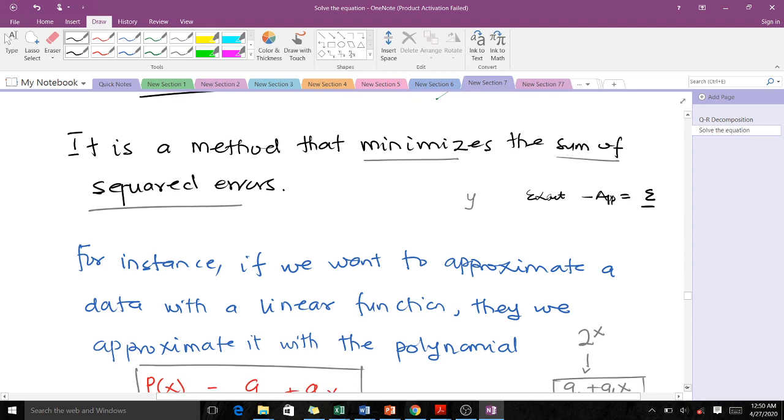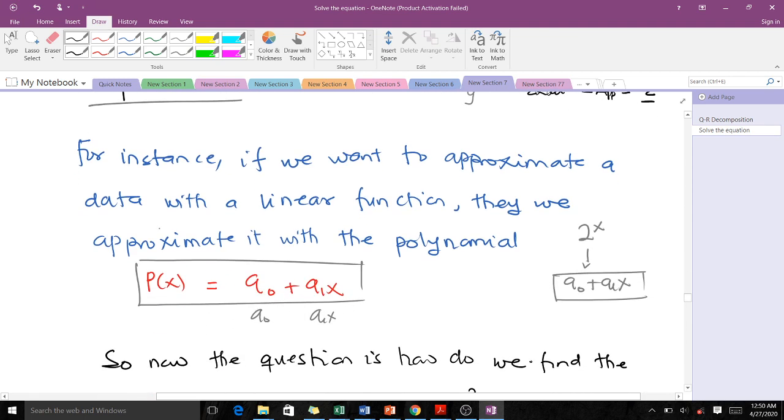Right, so for instance, if you want to approximate data with a linear function, then we approximate it with this particular polynomial here. So we can have an exponential function as we can see here, and you want to approximate that exponential function with a linear function here. Realize that this is a linear function, that's a polynomial of first order.